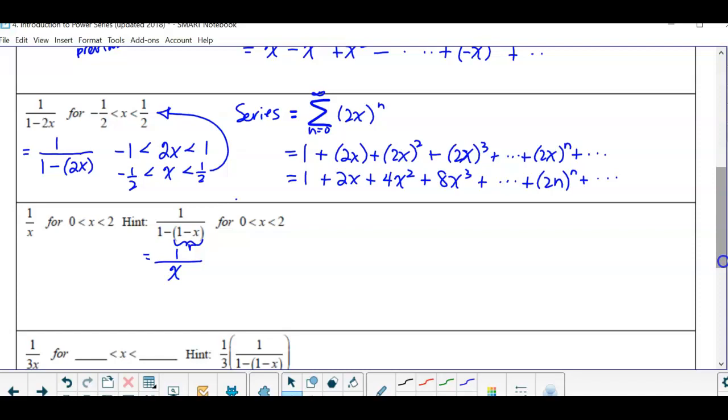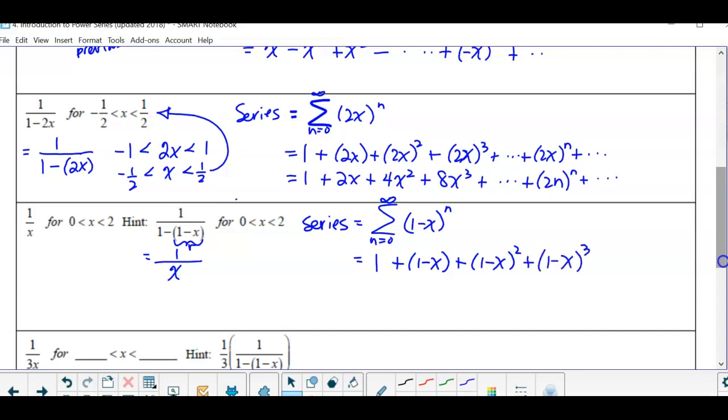And so that goes into your series, the sum from n equals 0 to infinity of (1 minus x) to the n. So first term is 1 plus (1 minus x) plus (1 minus x) squared, (1 minus x) cubed, (1 minus x) to the n, etc.